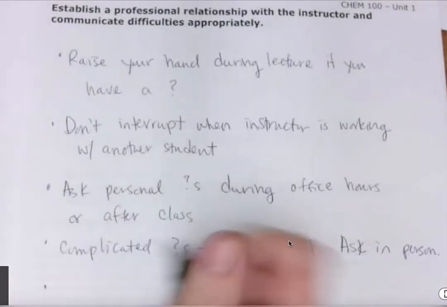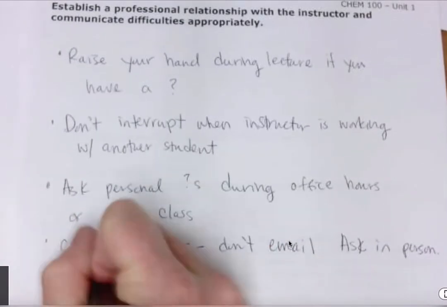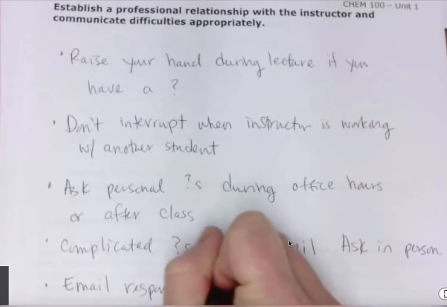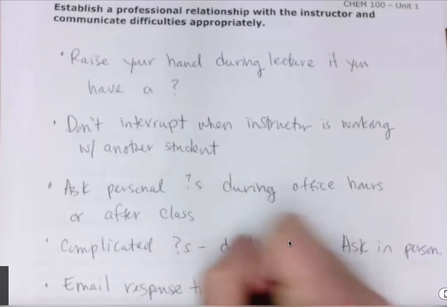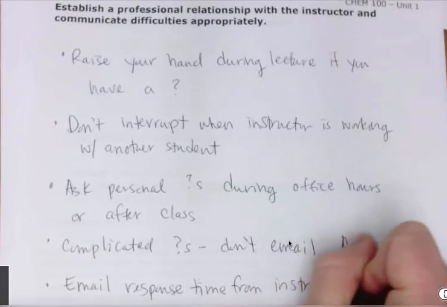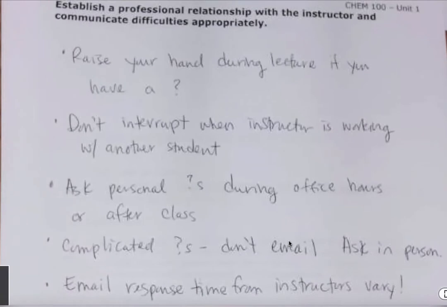Okay, email responses from instructors may vary. I'll put email response time. Maybe that's a better way to say it. I know some instructors who really prefer not to use email. I prefer email.